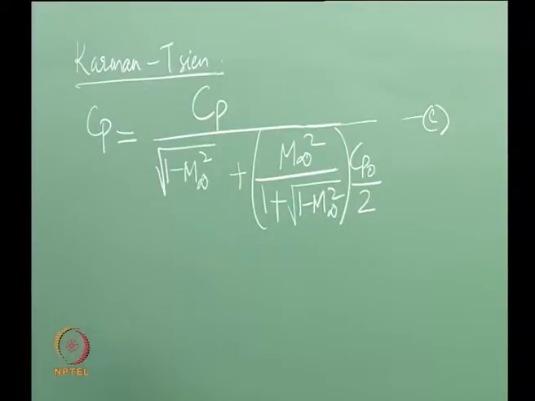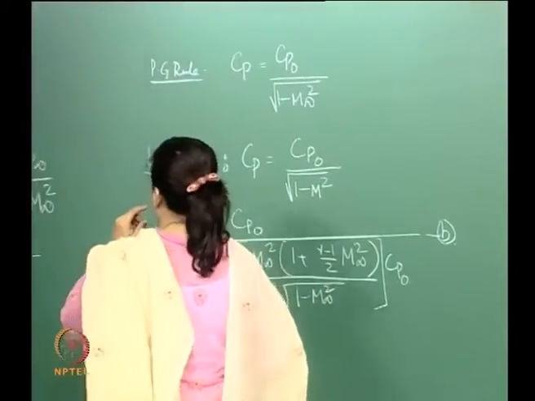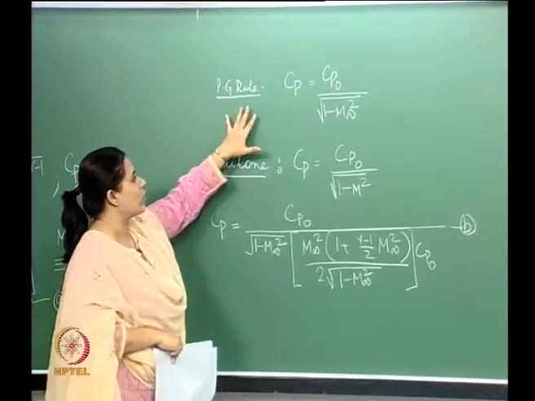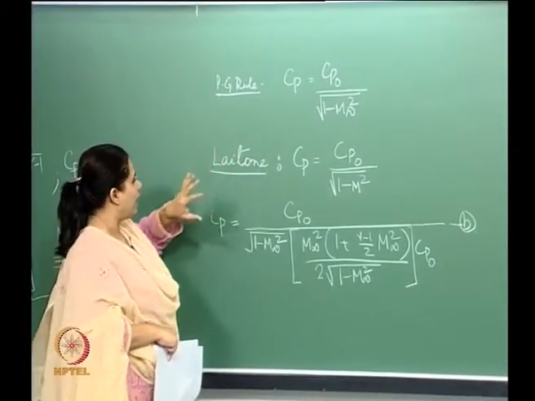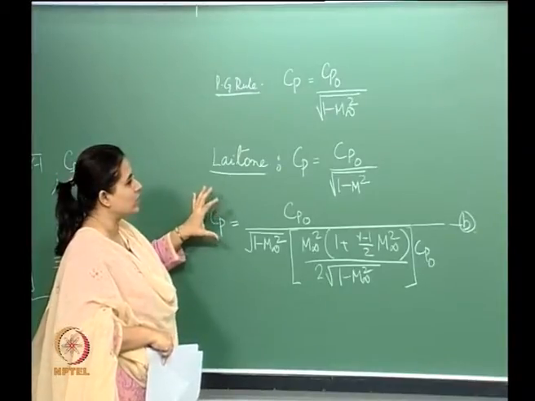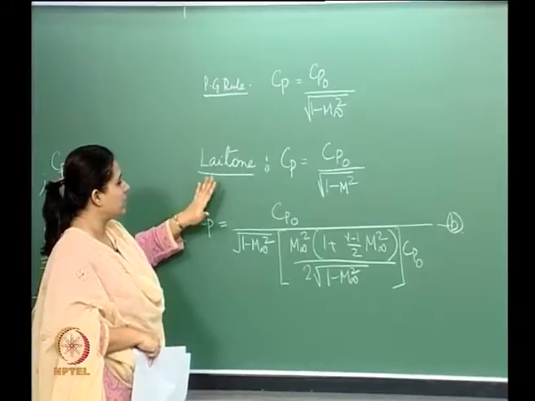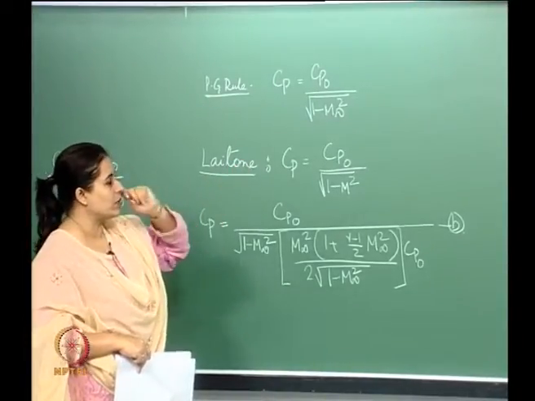So basically what we have over here is the Prandtl-Glauert rule, and these are the two corrections suggested by Lighthill and Karman and Tsien.